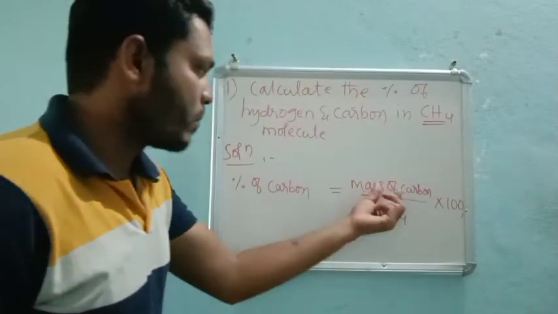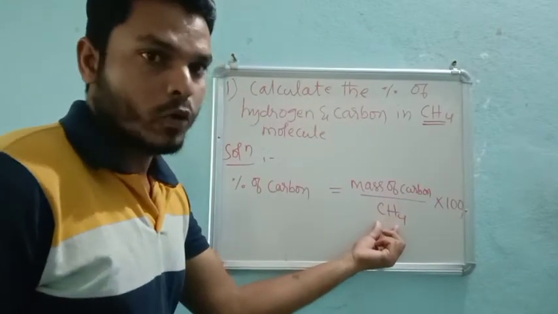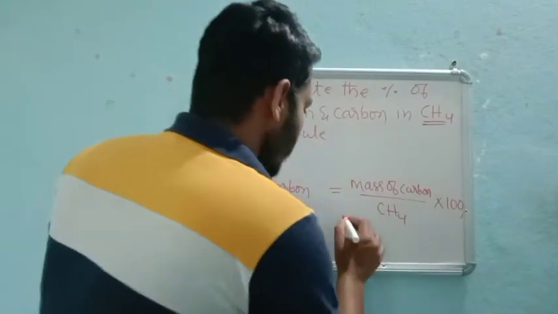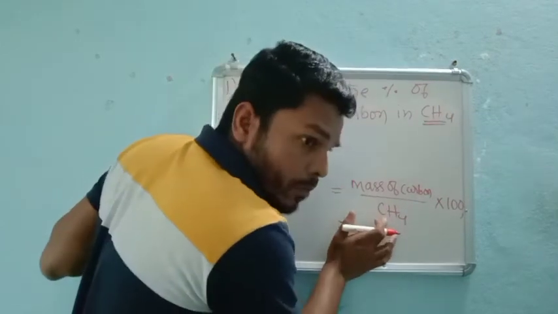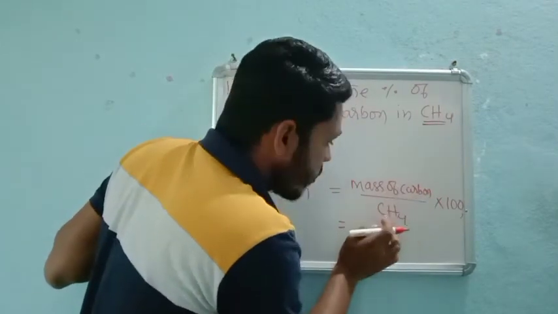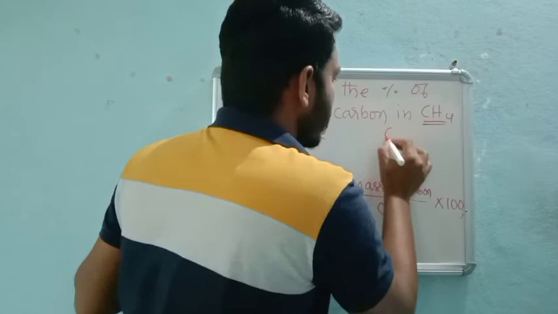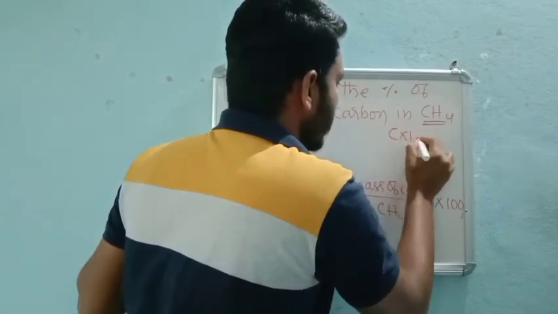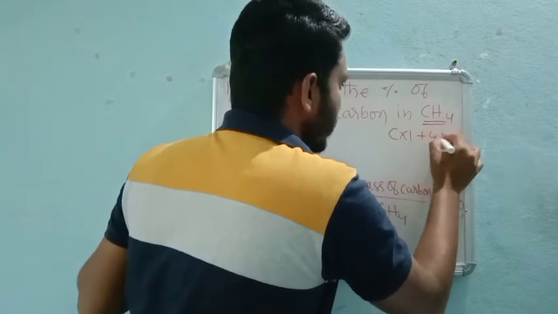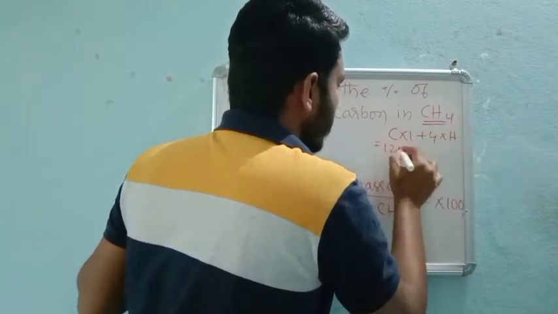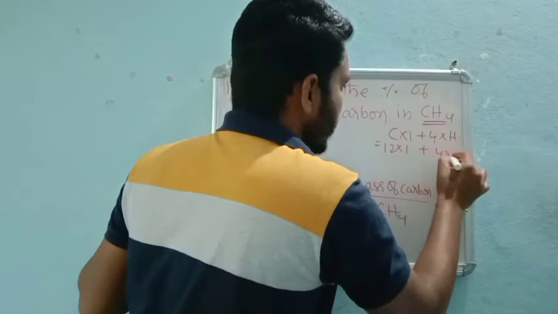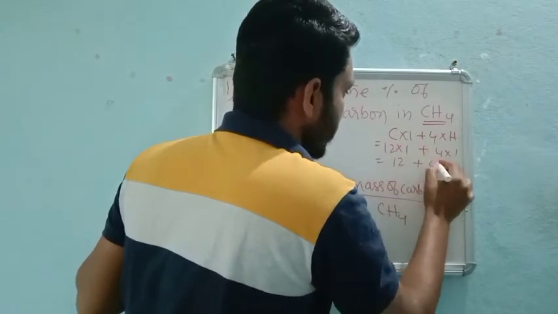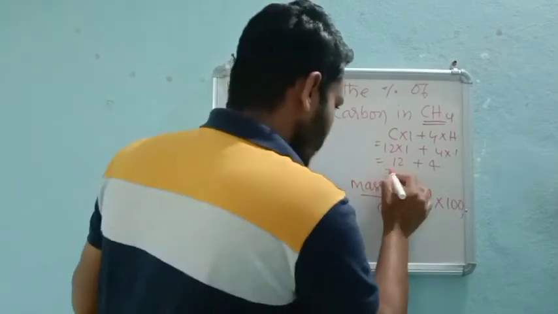So in this compound, what is the mass of carbon? How many carbons are there? Only 1. C into 1 plus 4 into H. So 12 into 1 plus 4 into 1. Carbon mass is 12 and hydrogen mass is 4, and totally 16.